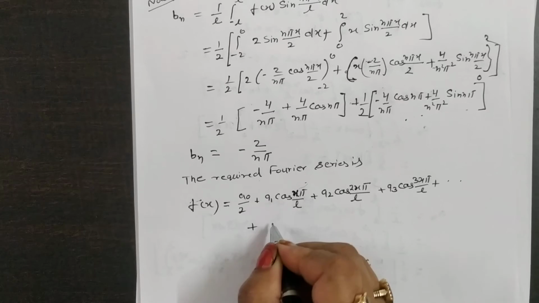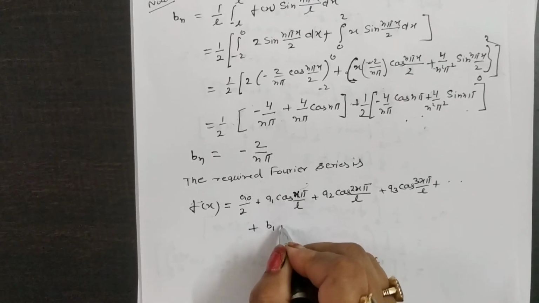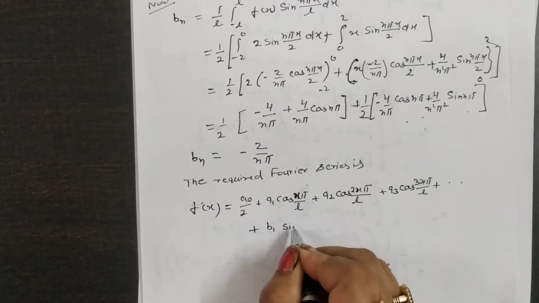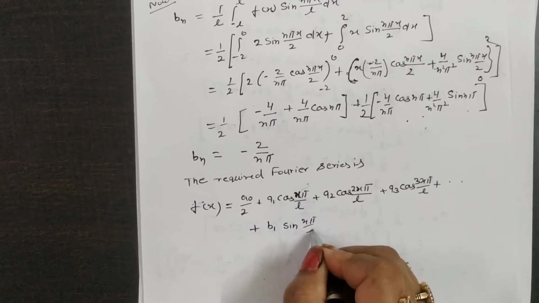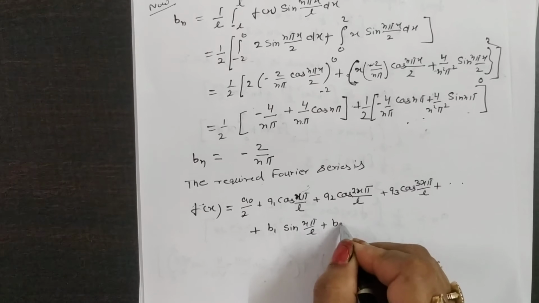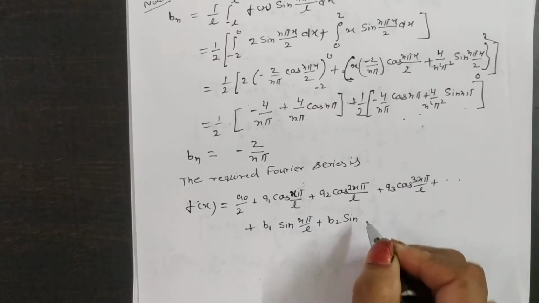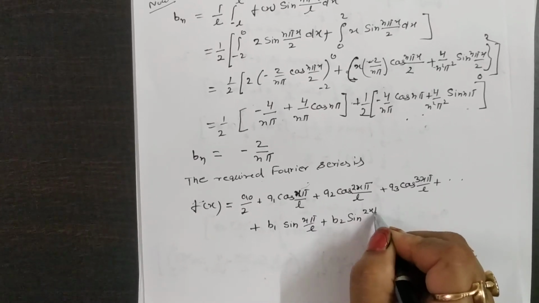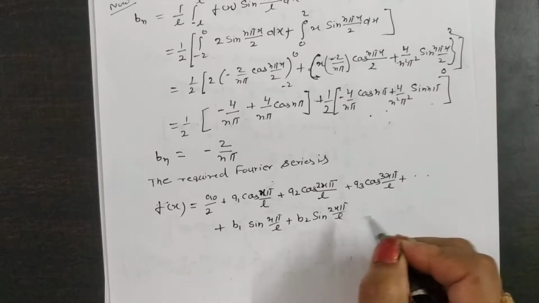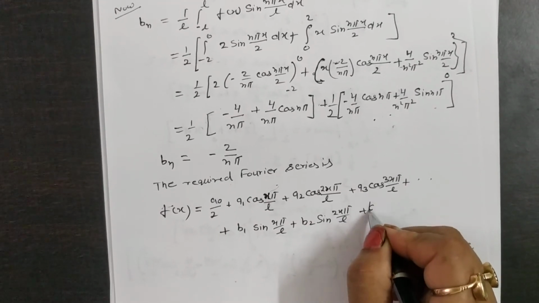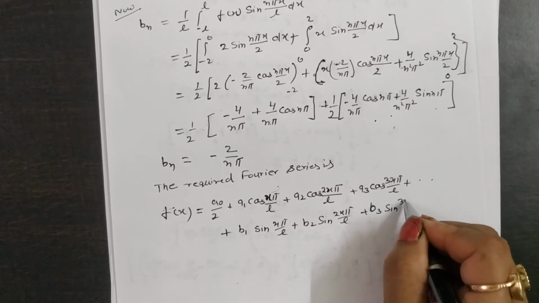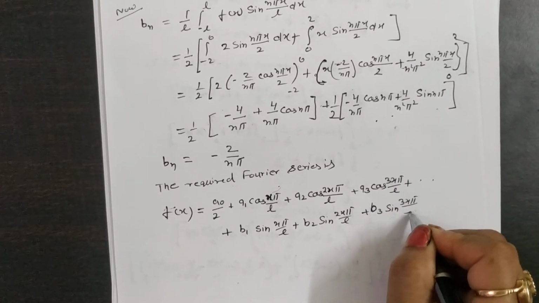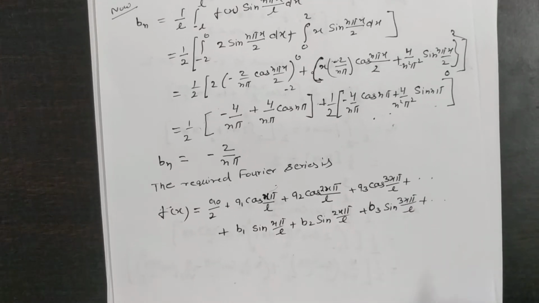Similarly for bn, the terms are b1 sin pi x by l plus b2 sin 2 pi x by l plus b3 sin 3 pi x by l, and so on.